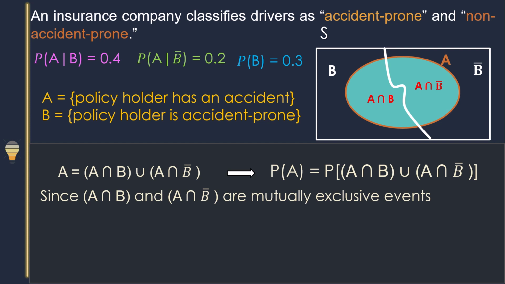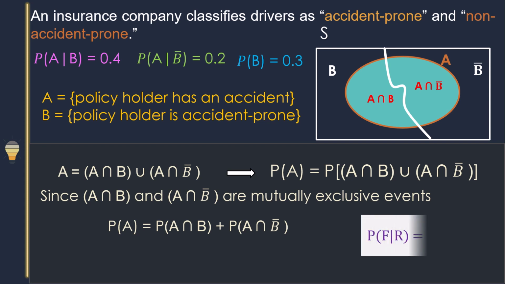Therefore, when we apply the additive law of probability, the probability of the intersection of these two events must be 0. Therefore, we can write probability of A equals probability of A intersection B plus probability of A intersection B complement.